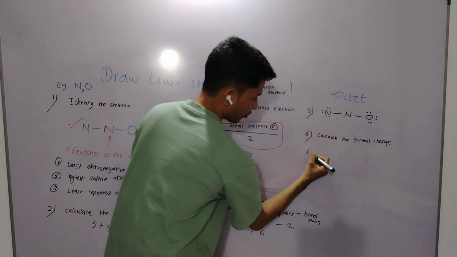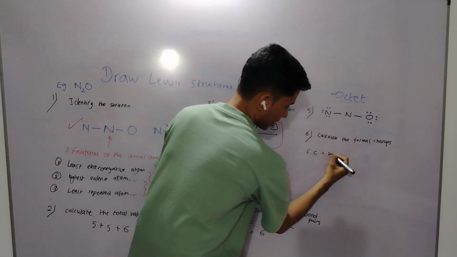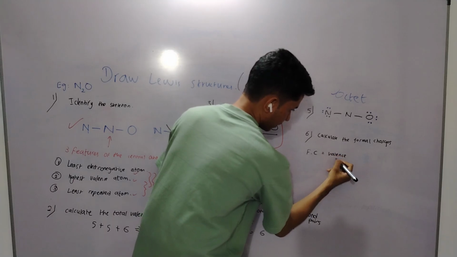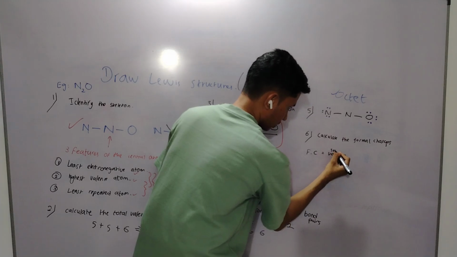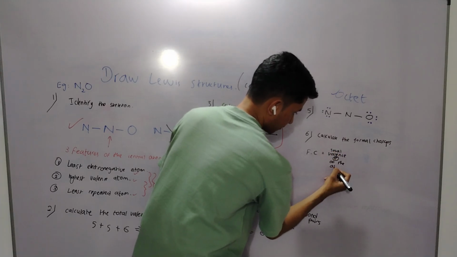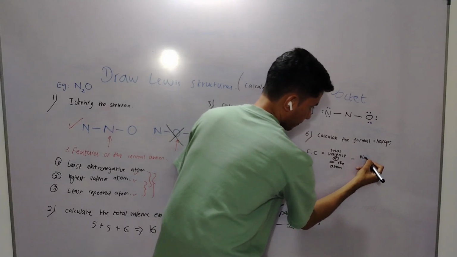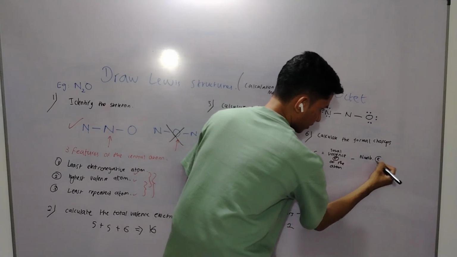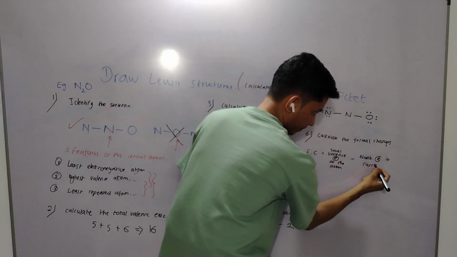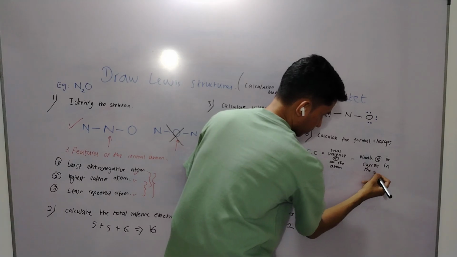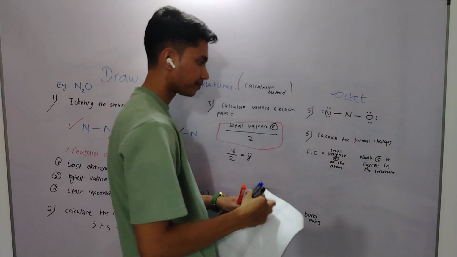Formal charge is equal to the total valence electrons of the atom minus the number of electrons it carries in the structure.